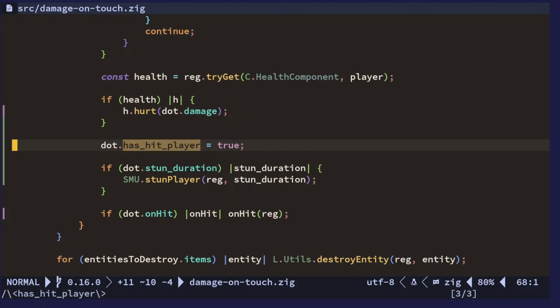So it doesn't actually do anything, is my take from that, because this is happening once per frame anyway.